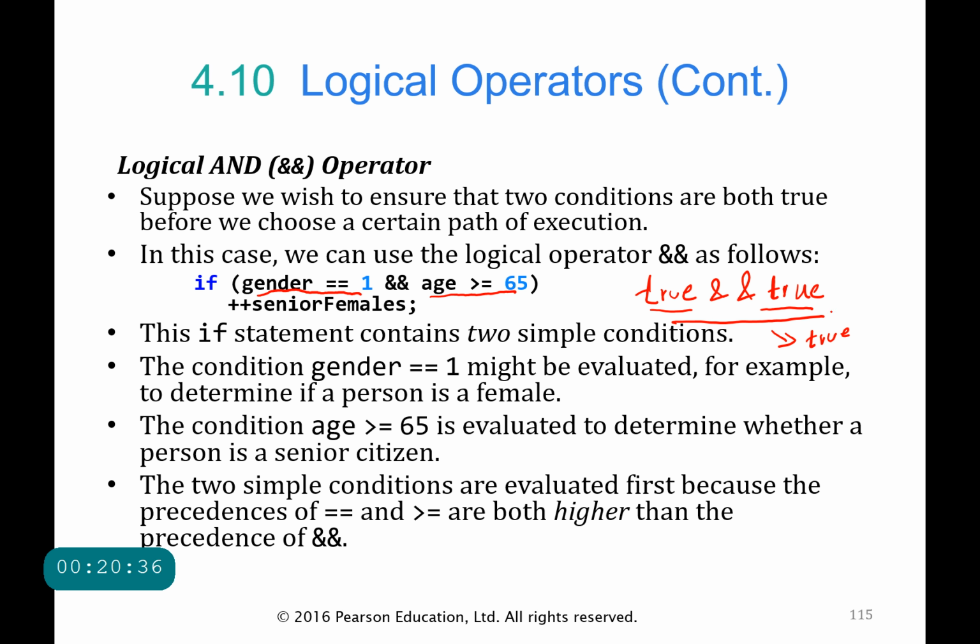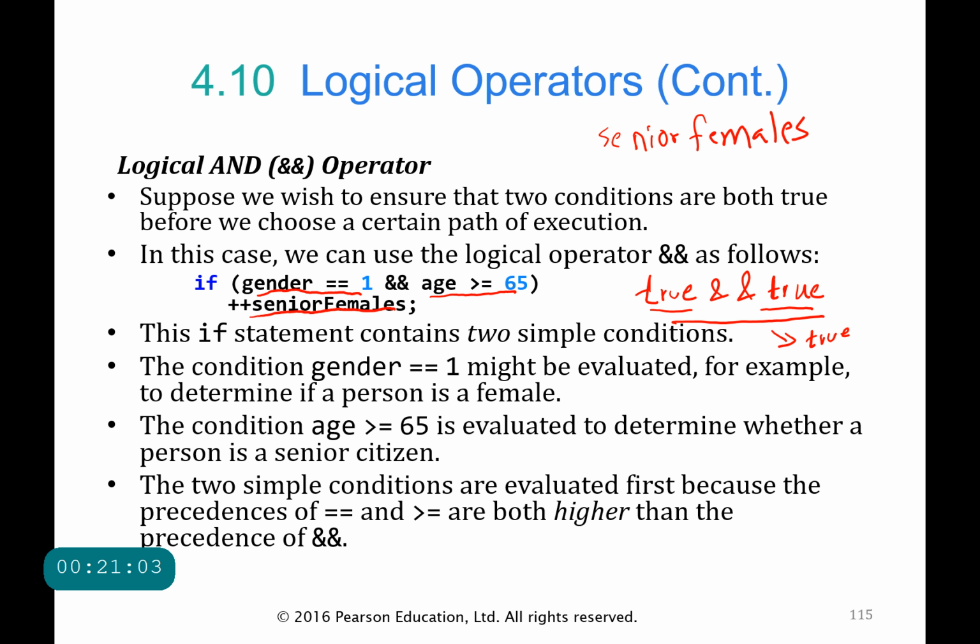And if both these conditions are true, then you're going to increment the variable senior females. Senior is generally used to represent people who are above the age of 65, and in this case we are talking about women, so that's why we're saying senior females. So we're going to increase senior females by 1.